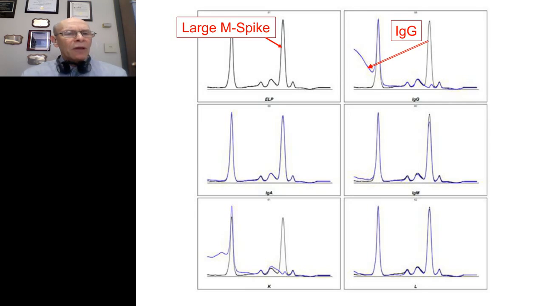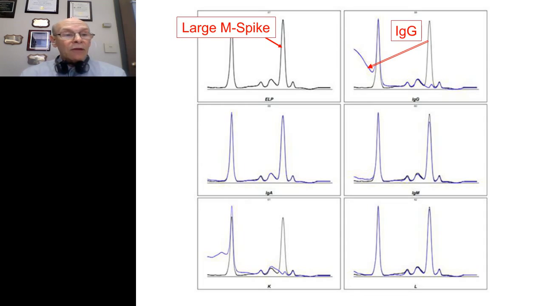Similar to the kappa in the cartoon, the IgG-containing molecules have been immunosubtracted from the beta region and moved toward albumin, which I indicate with the red arrow. In the middle two panels, the results of pretreatment with anti-IgA on the left and anti-IgM on the right show that the blue spike remains essentially unchanged.